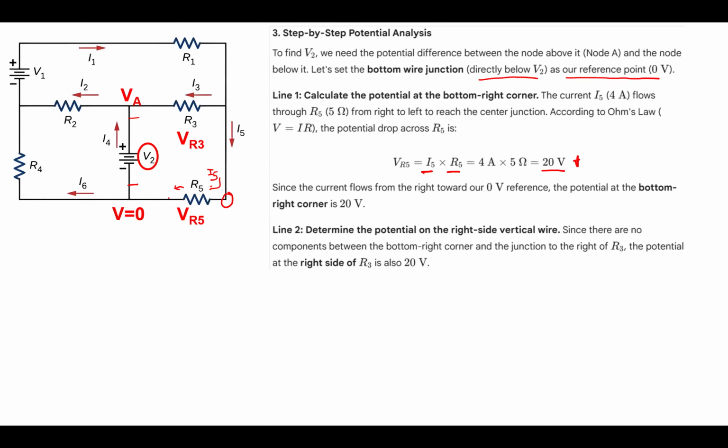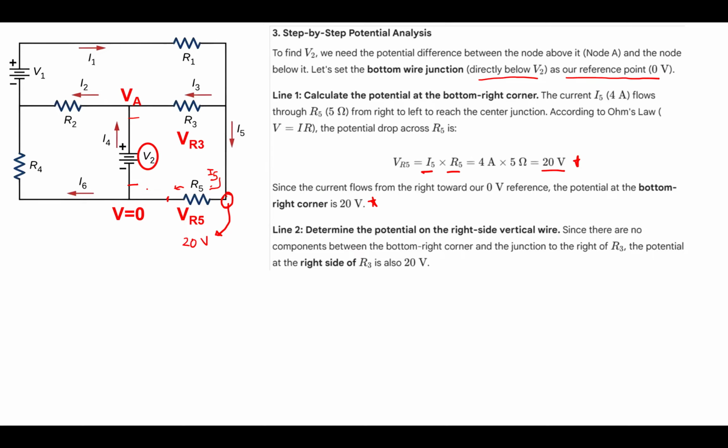That means between this position and this position, we have a 20 volt difference. You can see this is the higher position and this is the lower position. So this position is in fact 20 volt. We find that, and then determine the potential on the right side of the vertical wire.